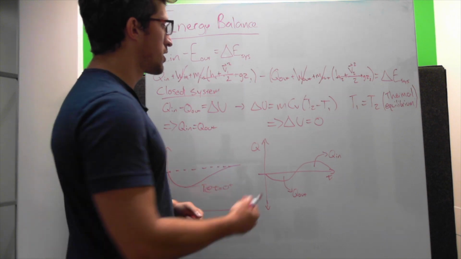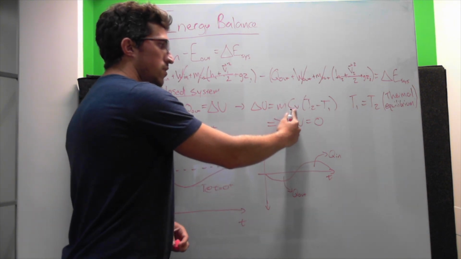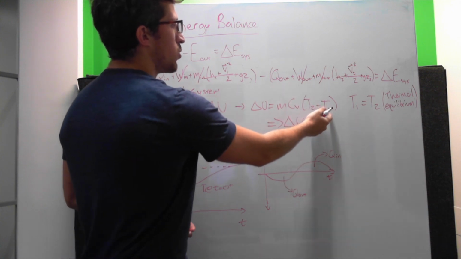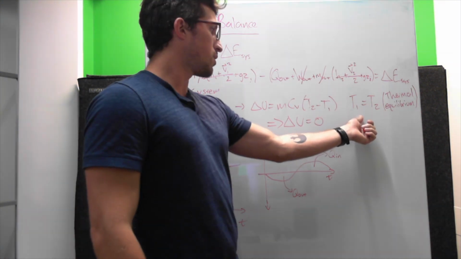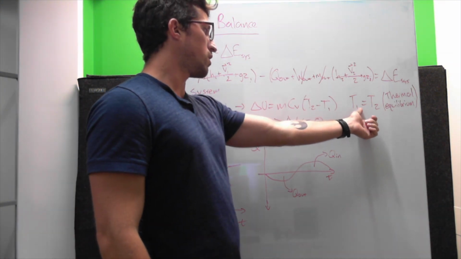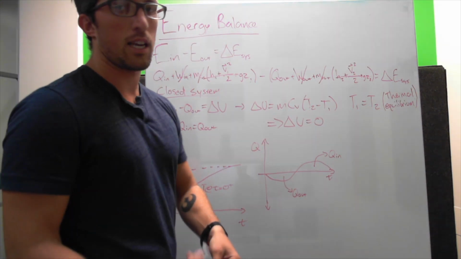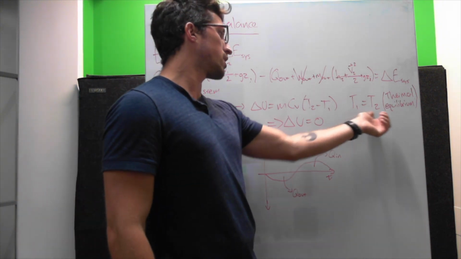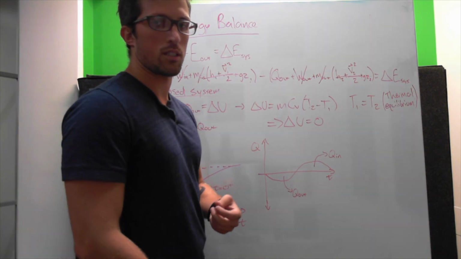For the internal energy, you can write it out as mass times specific heat at constant volume times (T2 minus T1). In our experiment, our starting temperature was T1, ending temperature was T2, and the beginning and end of our system was in thermal equilibrium. Therefore, T1 is going to equal T2, and those temperatures are going to equal the surrounding temperature.